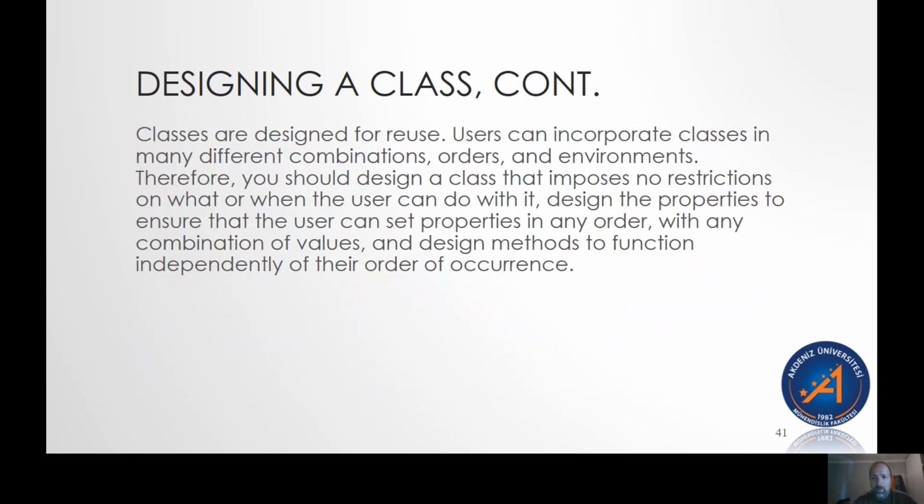So one of the main things is that classes are designed for being able to reuse the same stuff for different objects. Okay. So you might want to have certain things that would exist for all objects of that class.